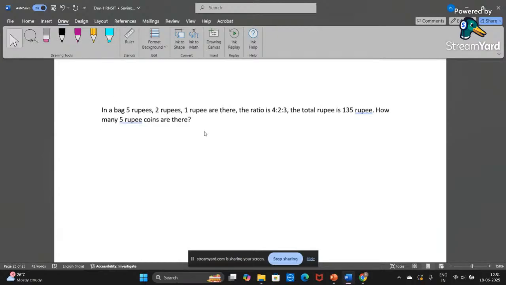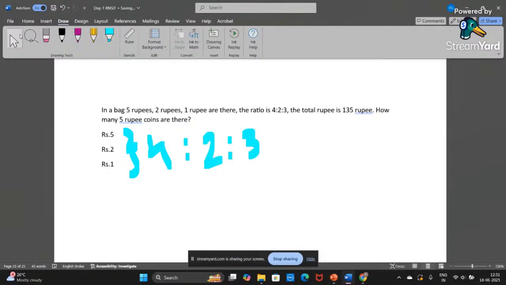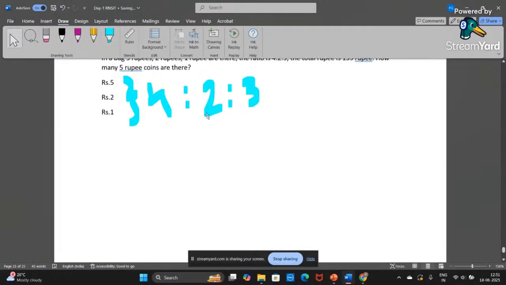I'll just write the data they have given: 5 rupees, 2 rupees, 1 rupee are there in the ratio of 4:2:3.